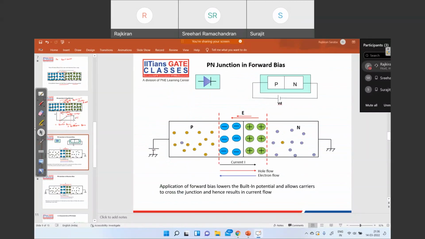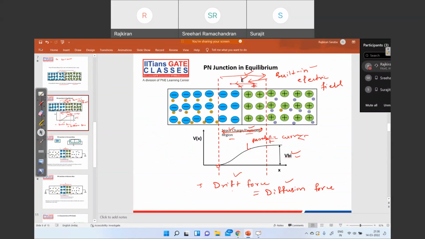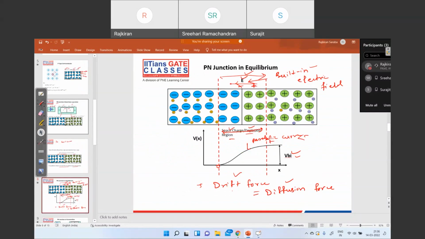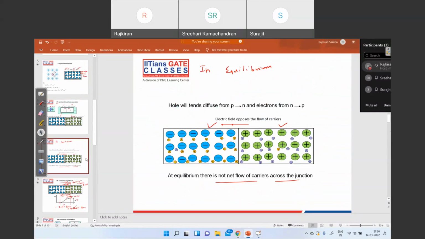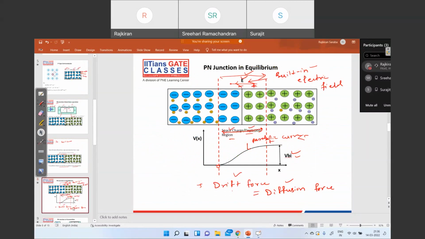In the neutral region, the positive charge is equal to the negative charge. Only in the depletion region do I have net positive charge.